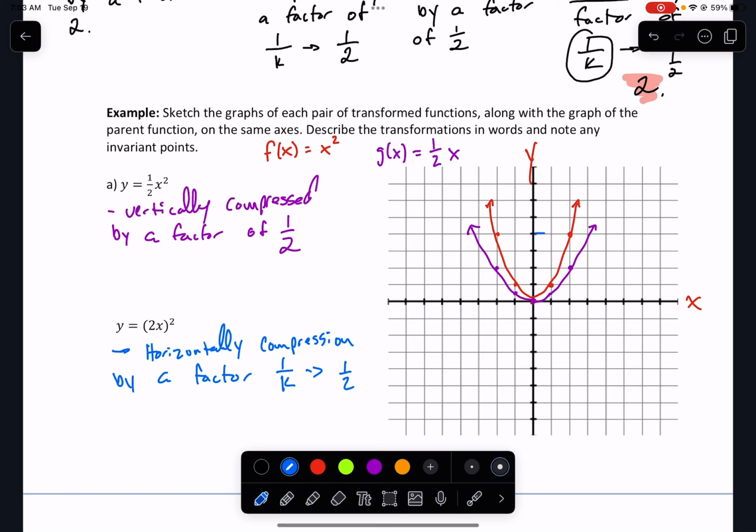So this is 2 x units away. If it's 2 and we cut it in half, it's now going to go to 1. The same thing's going to happen on the other side. 0 is going to stay at 0 again. And so you can see there is a horizontal compression of that red graph. We'll call that h of x equals (2x) squared. Oops, I missed a squared on that other one.